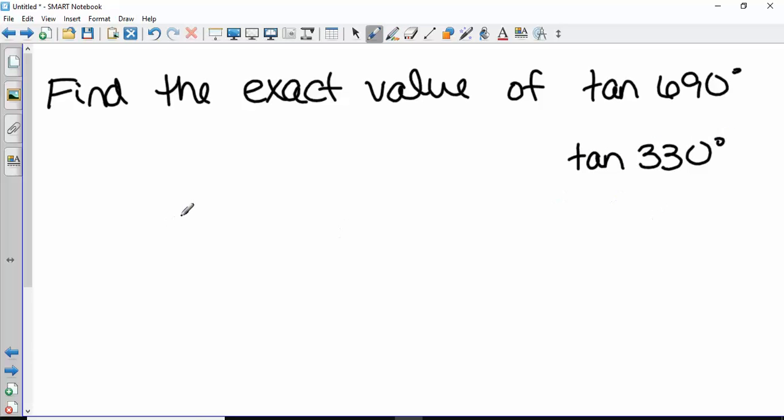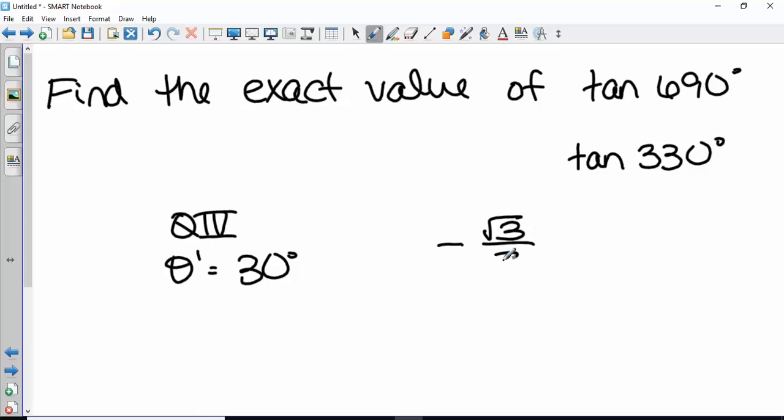What quadrant is that in? 4. Reference angle? 30. So in quadrant 4 is tangent positive or negative? And the tangent of 30? Radical 3 over 3, because it's 1 over the radical 3 if you're looking at your hand trick.